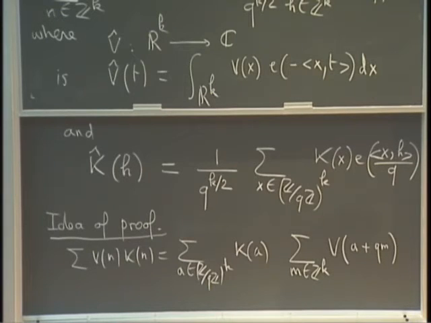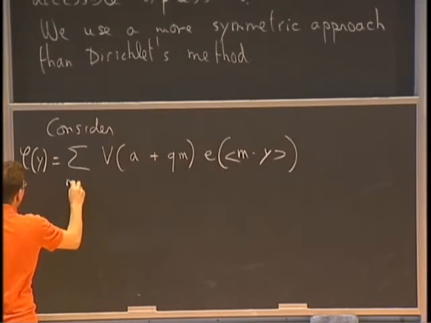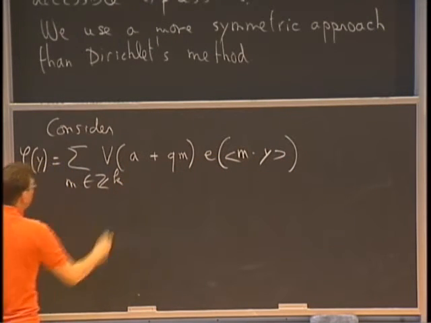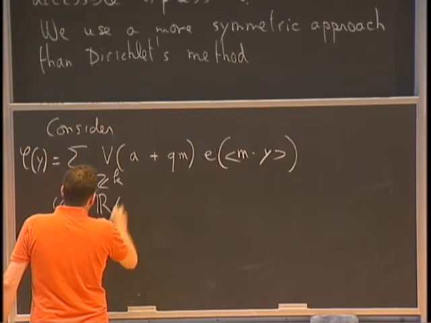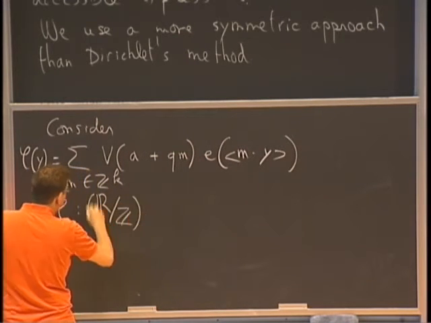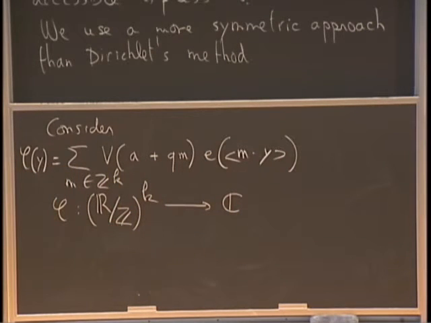Okay. So the way to handle the standard Poisson summation formula is to consider a function of y, which is the sum over m in Z^k of V of A plus QM times e of the inner product of m with y. Because V is assumed to have good decay at infinity, this is a function which is well defined, and because we're averaging over the integer lattice, it's in fact periodic of period 1 in each variable.